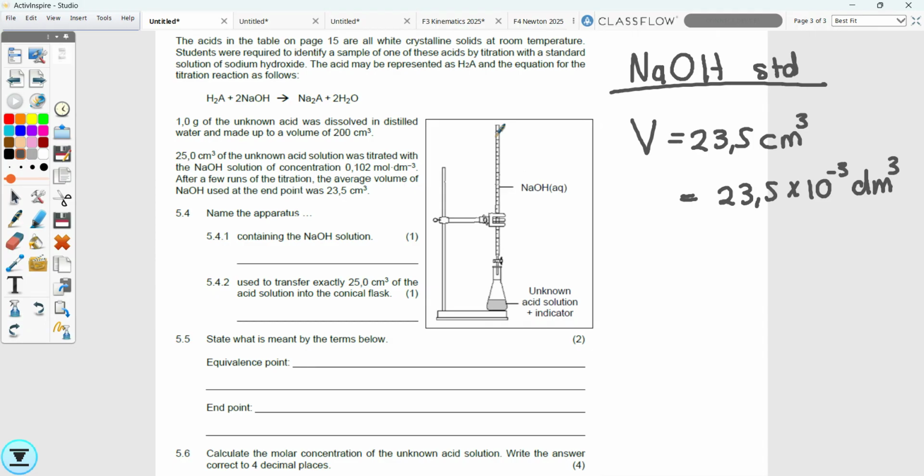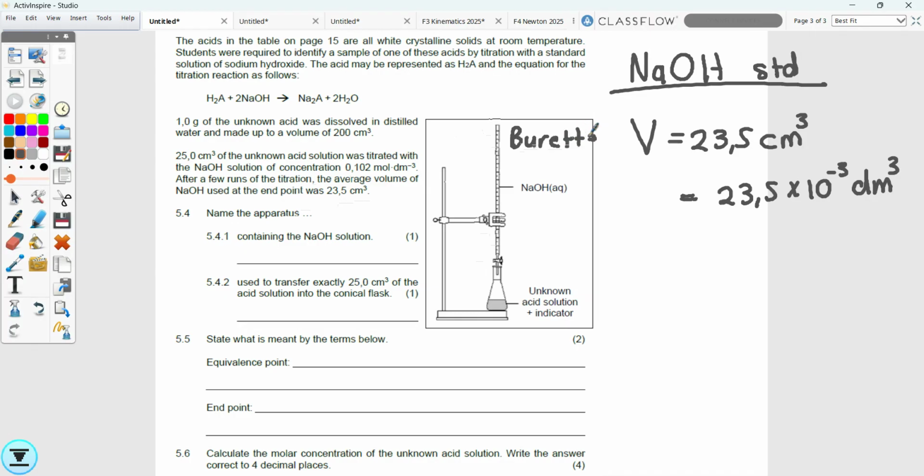So, what do we call that thing with the NaOH in it? A burette. It's a burette, guys.